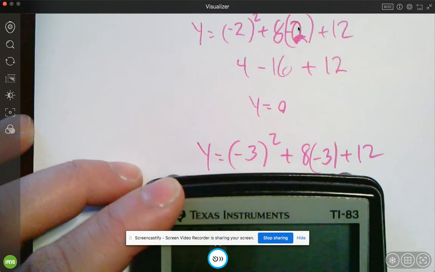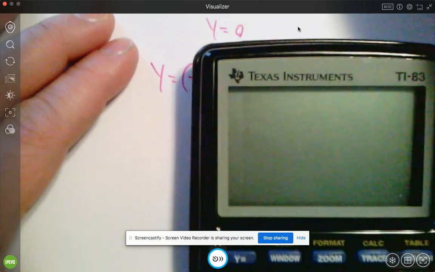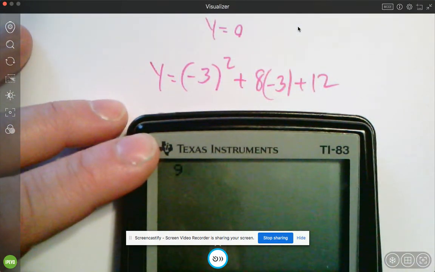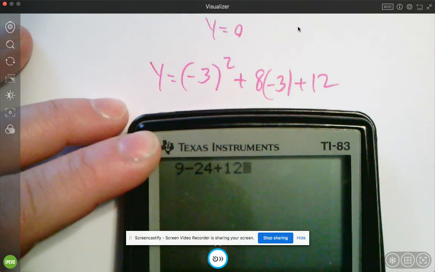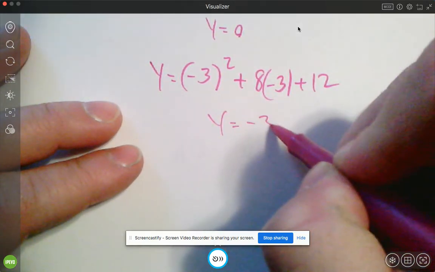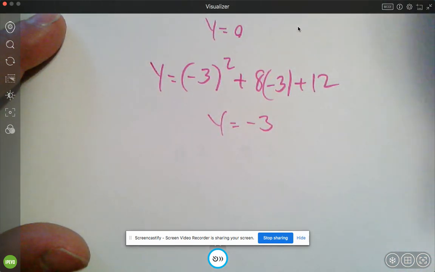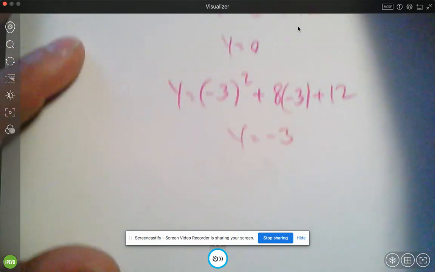That's going to be 9 minus 24 plus 12, which is -3. All right, I can graph that. Y equals -3, so I just got (-3, -3).